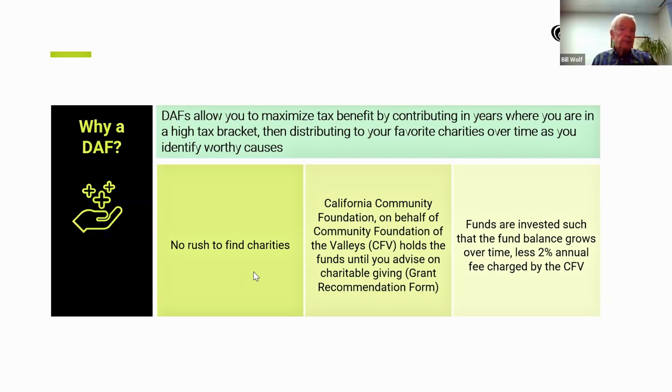So a very powerful technique. Silicon Valley gives tens of millions of dollars to DAFs in years when they're selling stocks, going public. And I'm sure there's billions and billions of dollars in DAFs today compared to 20 years ago when it was relatively unknown.